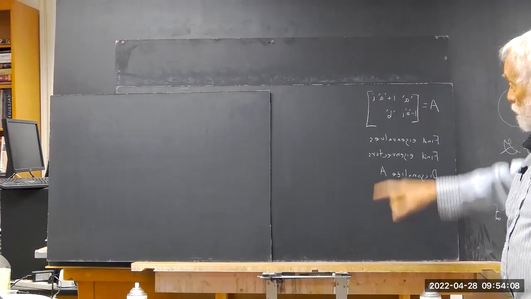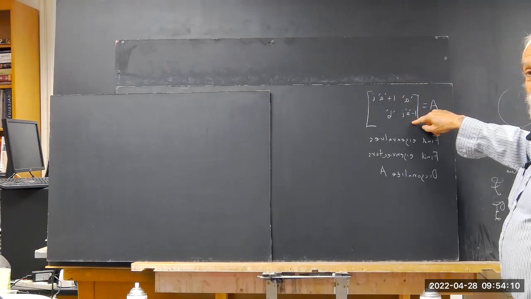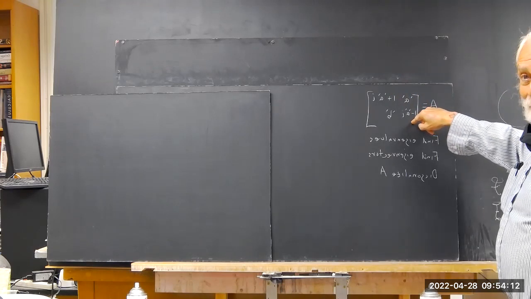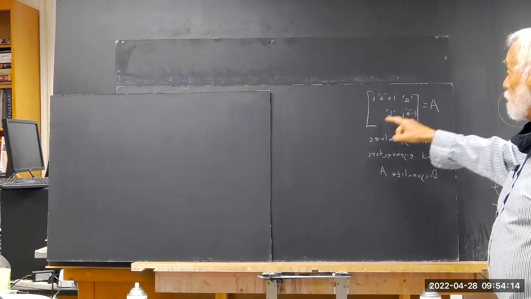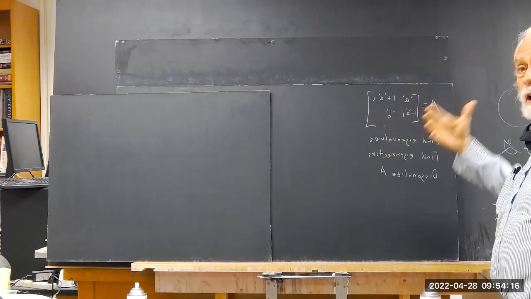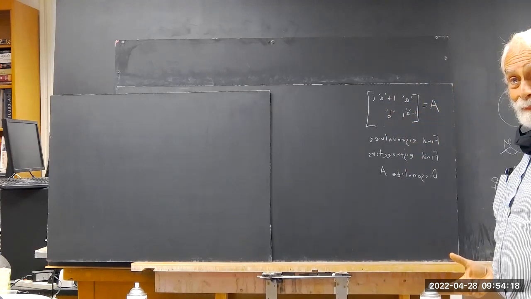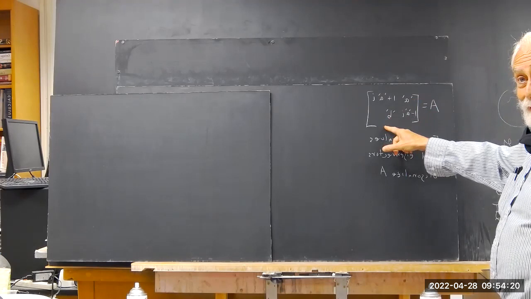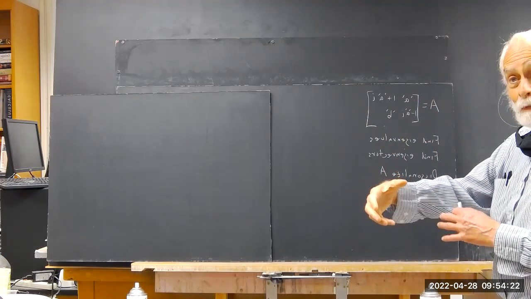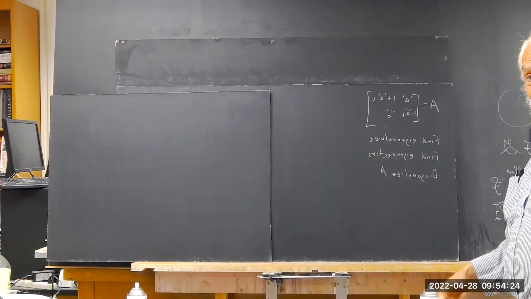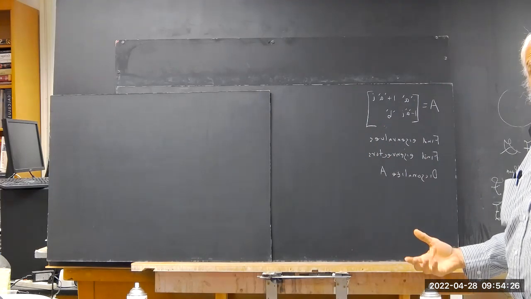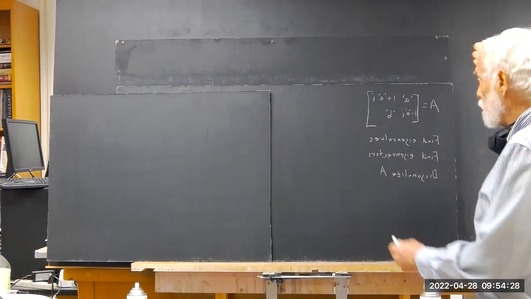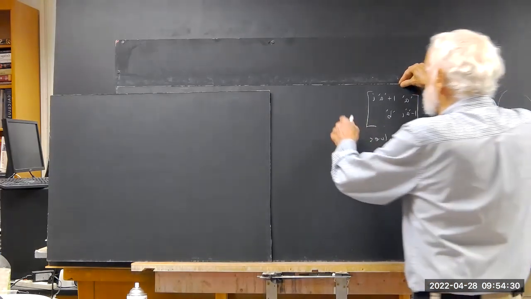So this is clearly the complex conjugate of this. Also, the diagonal entries have to be real, because if we took the complex conjugate of the whole matrix and these were complex, the diagonal would change, so you wouldn't have the same matrix. Okay, just a little notation for reference.